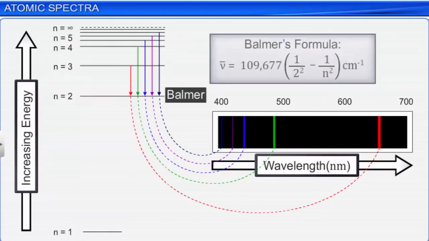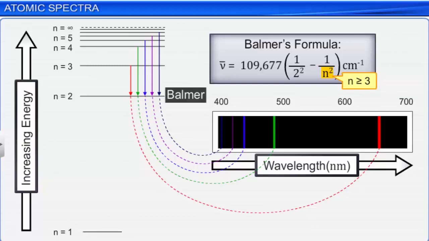Balmer showed that if spectral lines are expressed in terms of wave number, then the visible lines of the hydrogen spectrum obey the formula: wave number, nu bar, equal to 109,677 multiplied by (1/2² minus 1/n²) per centimeter. Here, n is an integer equal to 3, 4, 5, etc.